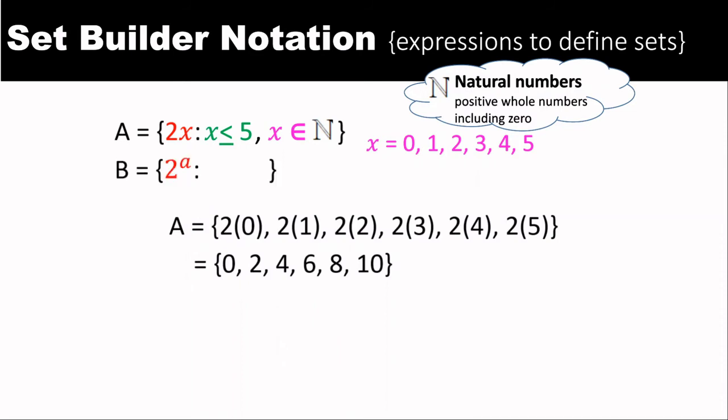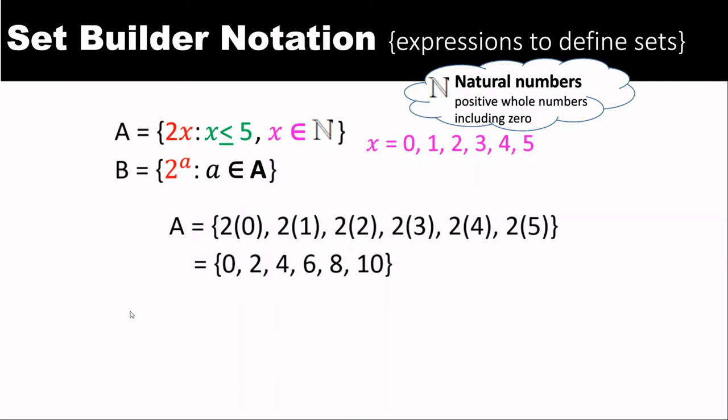I could also use an expression to define the members of set B. Here I'm saying that set B includes all the values 2 to the power of a, where a are the members of set A. Now I've just defined set A. Set A are the values 0, 2, 4, 6, 8, and 10.